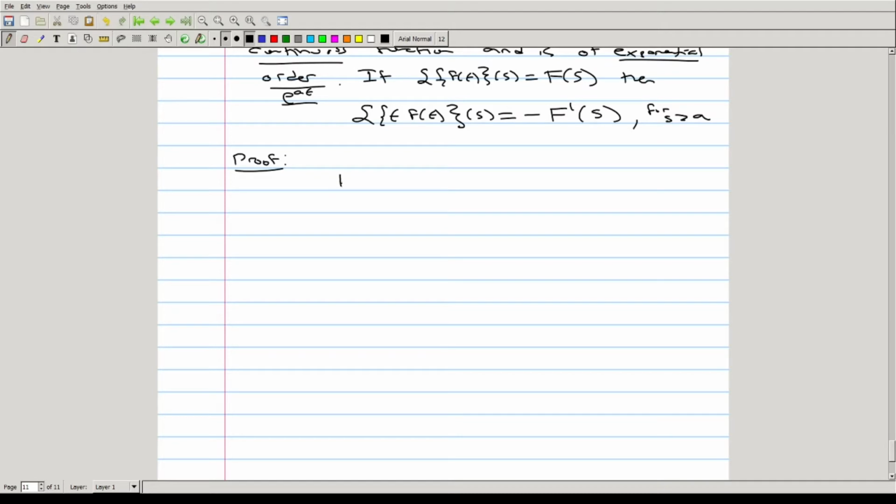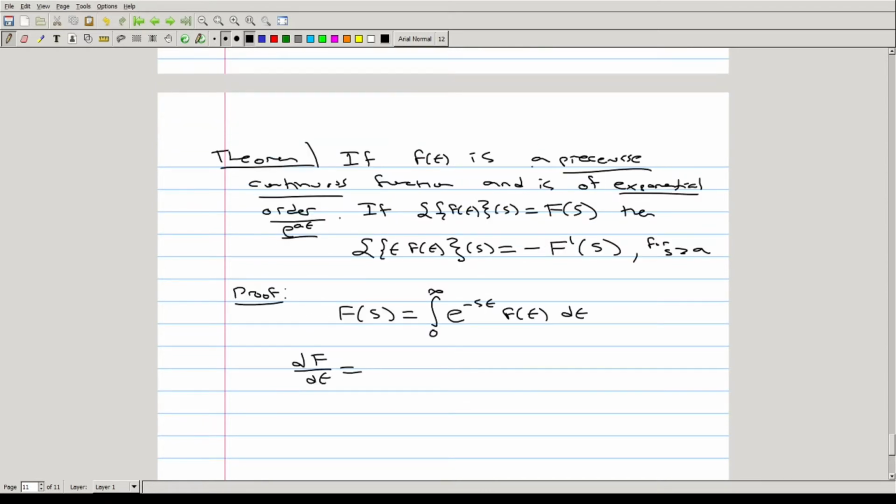The proof of this uses the definition of the Laplace transform, like all of these proofs. We go through and take the derivative, as long as f satisfies the conditions of piecewise continuous.